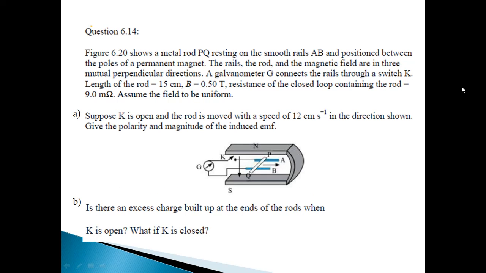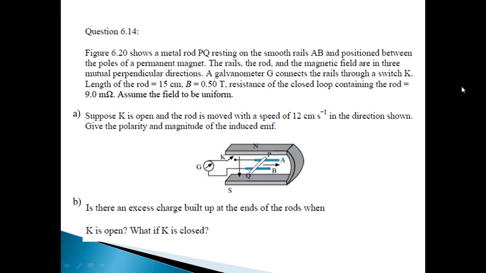Next question. The figure 6.20, that is the figure that is shown in the question, shows a metal rod PQ resting on the smooth rails AB and positioned between the poles of a permanent magnet. The rails, the rod, and the magnetic field are in three mutual perpendicular directions.